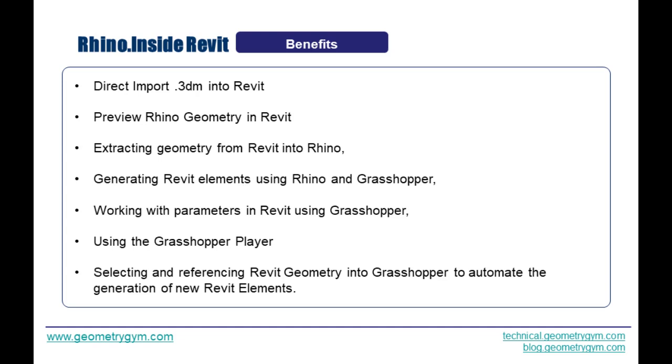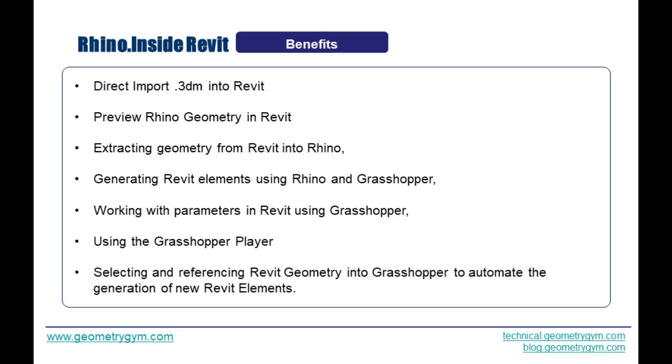But anyway, the benefits, I guess, are: you can do a direct import of a 3DM into Revit quite easily. I know you could do that in the past via a file, but people have had all sorts of issues. You can preview Rhino geometry within Revit.